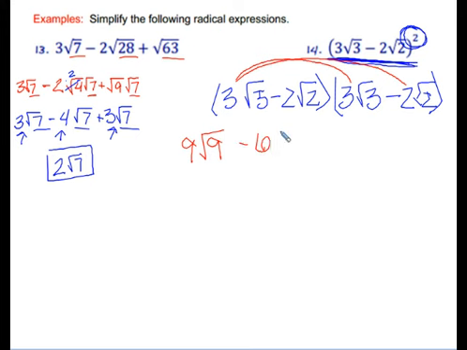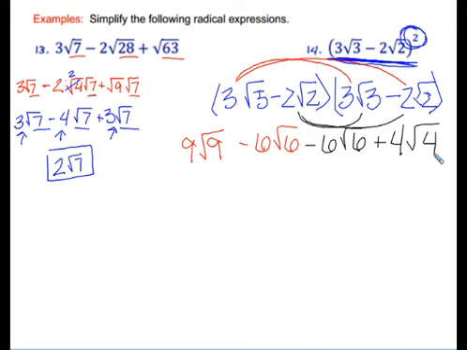Radical 3, radical 2 gives me radical 6. Let's do our next distribution, our next little swoosh. Coefficient times coefficient gives me negative 6. Radical number and a radical number give me square root of 6. My next swoosh. Coefficient and coefficient give me a positive 4. And then radical 2 times radical 2 gives me radical 4.